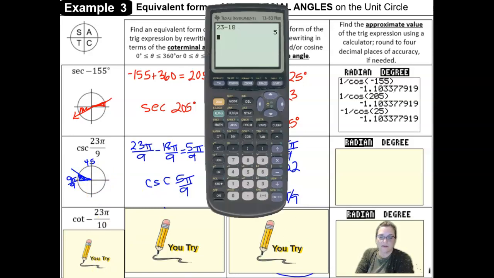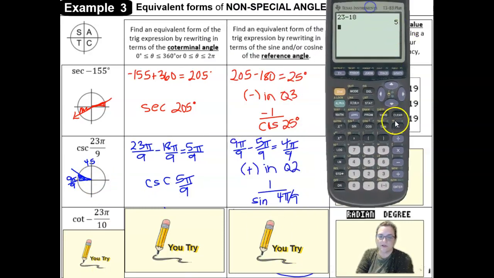And in the calculator, to check that those are equivalent, we'll need to go back into radian mode. And 1 divided by the sine of 23 pi over 9 is going to be compared to 1 divided by the sine of 5 pi over 9.